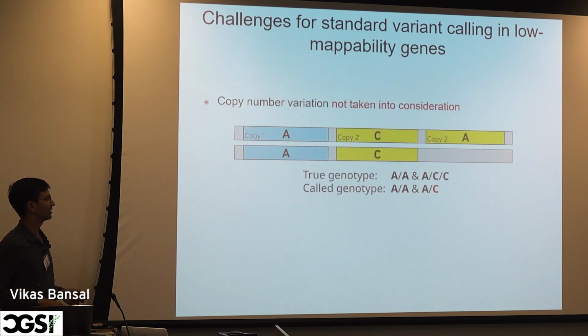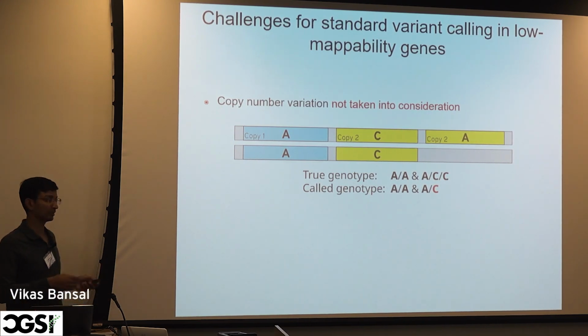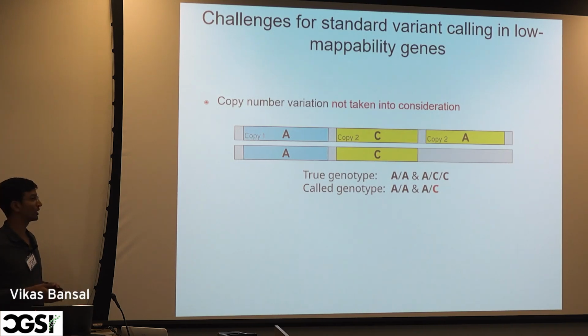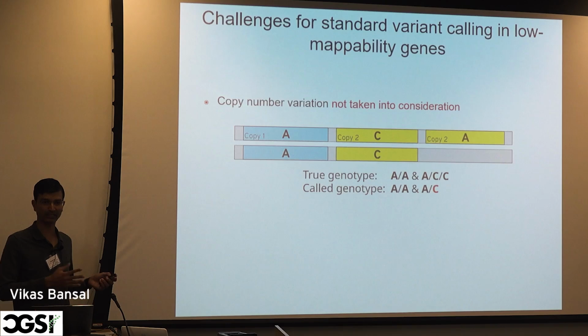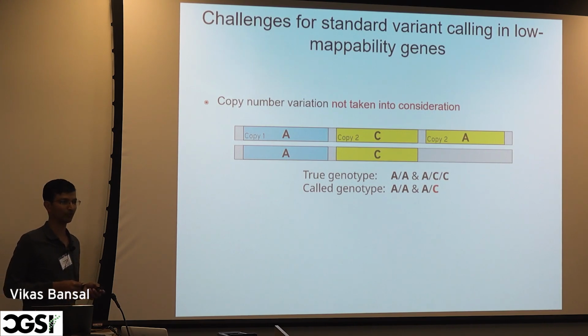Another complication when it comes to low mappability genes is that they also tend to vary a lot in copy number. They are actually the most polymorphic genes in terms of copy number in the human genome. A study published by Evan Eichler in 2010 showed that about 40% of these multi-copy genes that have low mappability have common copy number variation.